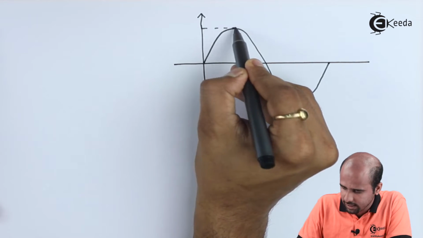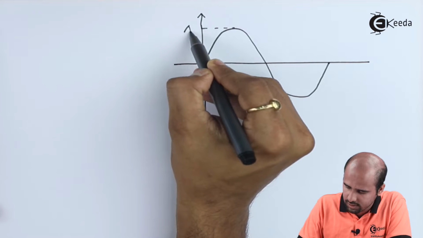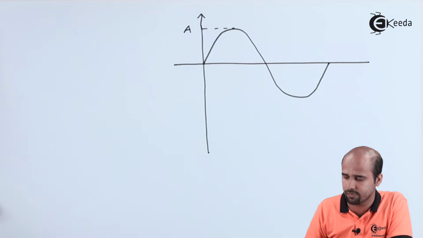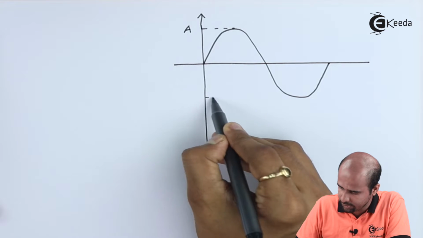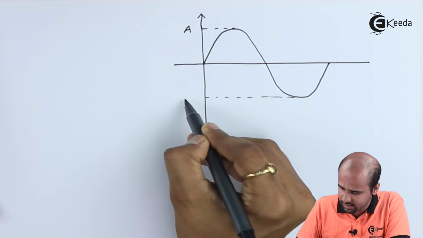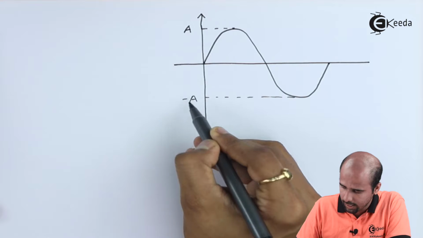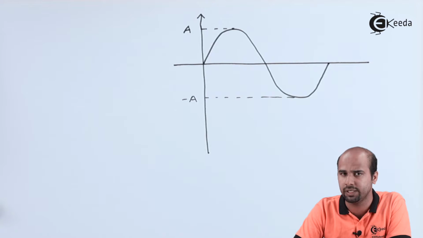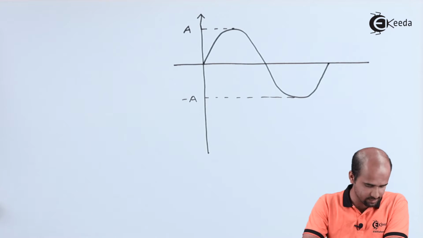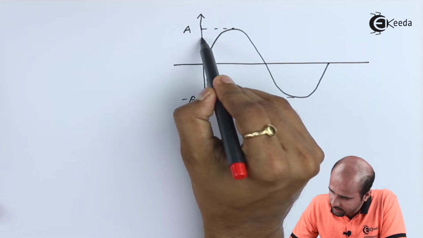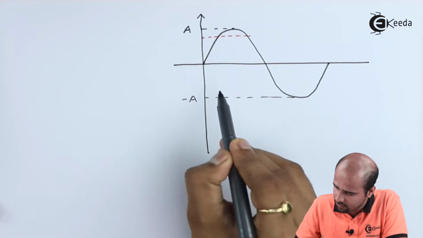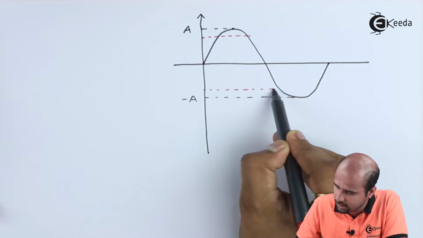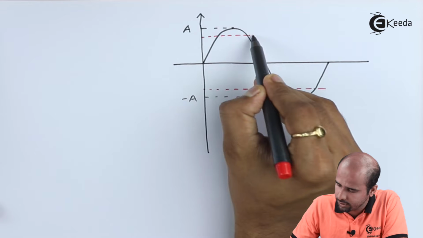Let us consider that I am applying V1 in such a way that it is a sinusoidal signal whose maximum value is A and minimum value is minus A. And in between I will be getting VUTP and VLTP. So let us suppose this is the level where I am getting the VUTP and this is the level where I am getting VLTP.